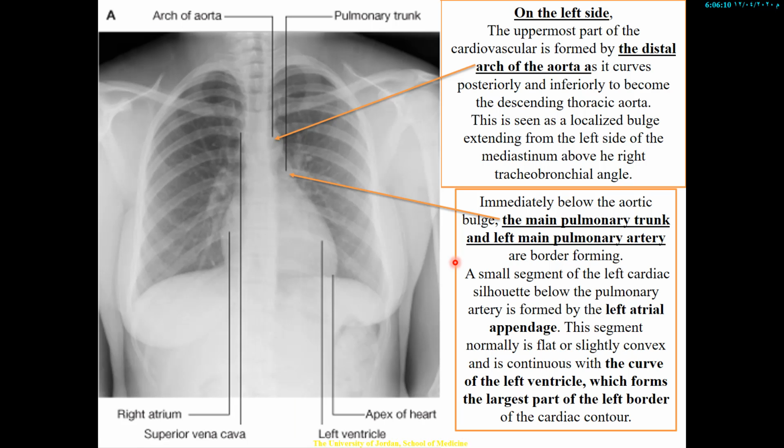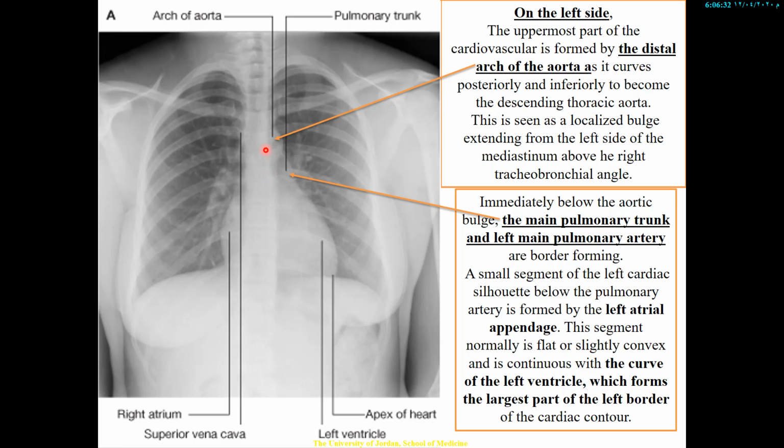Now on the left side, you are certainly familiar with the fact that we many times highlighted during the theoretical part of this course, or during our practical sessions, the arch of the aorta.